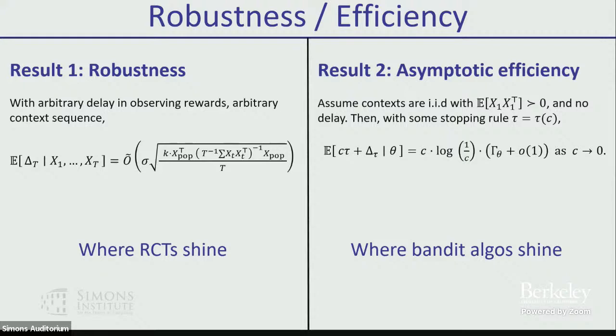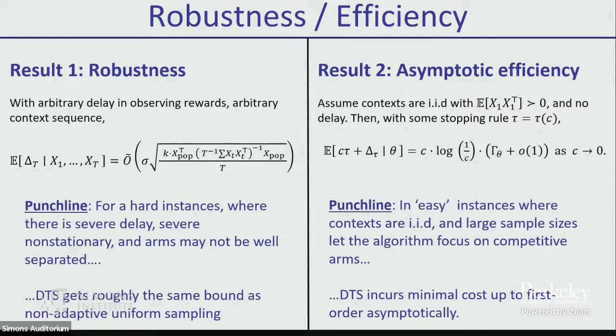It can really be understood as saying that for really hard instances, like the day of week problem, where kind of all you could do is wait till Sunday, the algorithm does not get screwed up. And in those settings, it's going to get roughly the same bound as a non-adaptive, RCT style approach.